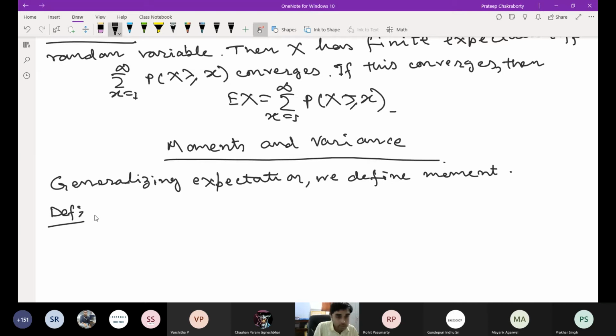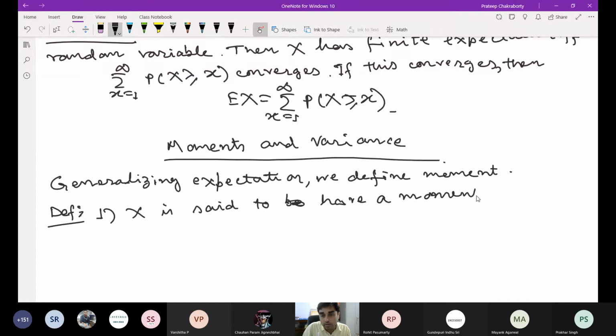Definition 1: X is said to have a moment of order r if x power r, which is nothing but you are multiplying x r times, has finite expectation.